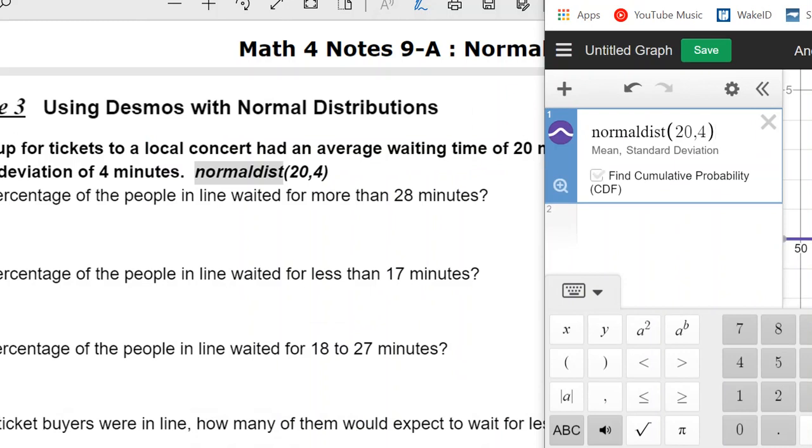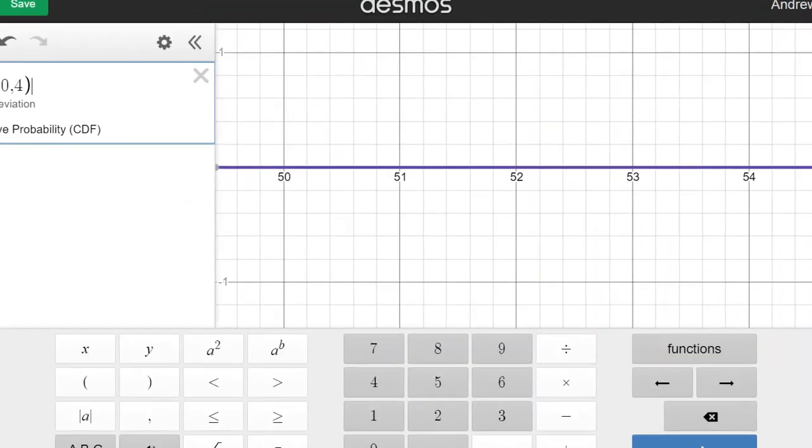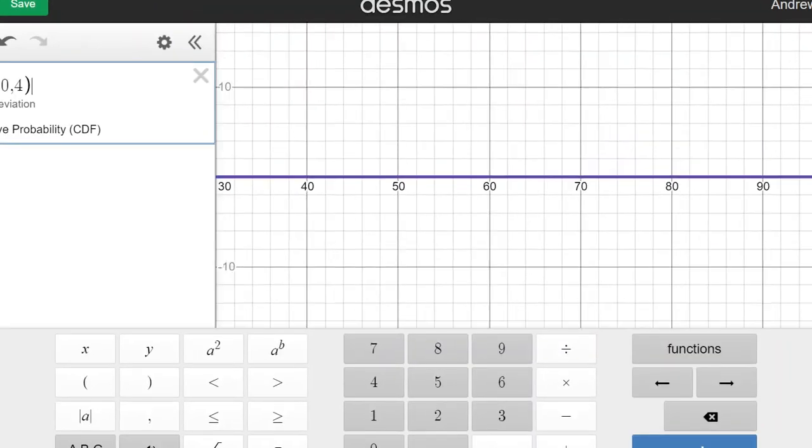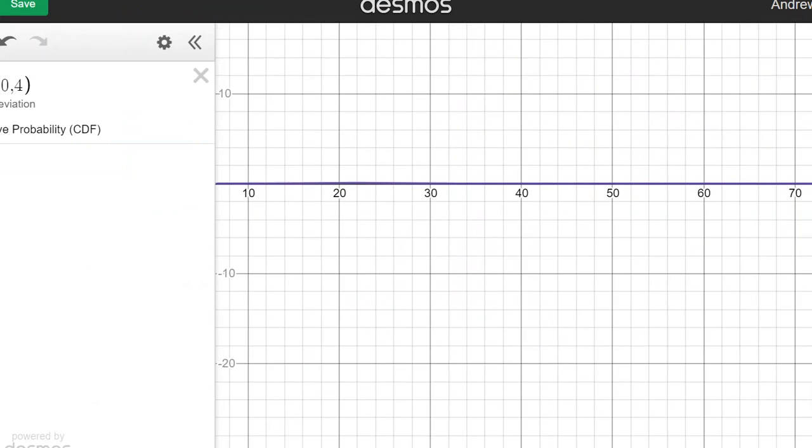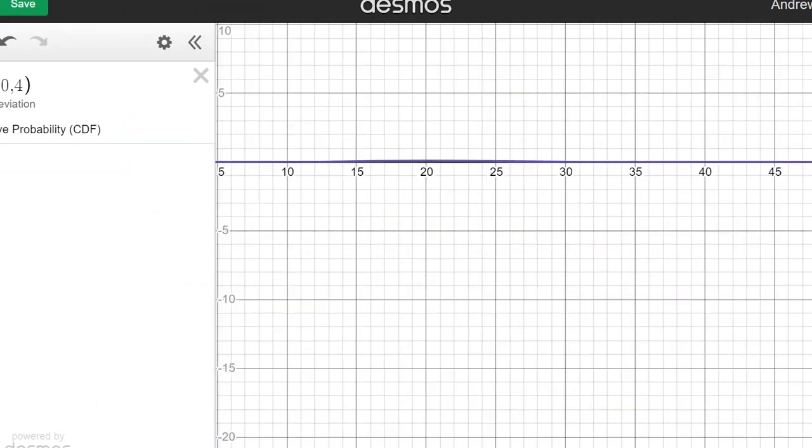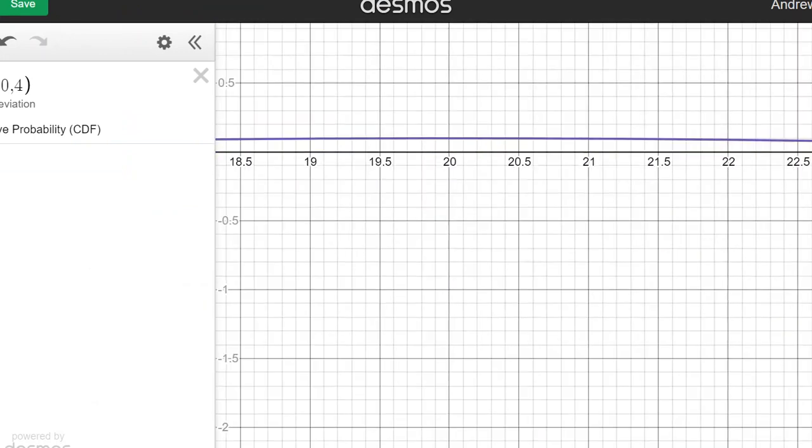Now, when this happens, let's see now, 20 is where the top of the bell curve happens. And what they're telling me is that there is a 10% chance that some number out of this group, was it the number of waiting minutes they waited, there's a 10% chance you'll wait exactly 20 minutes.